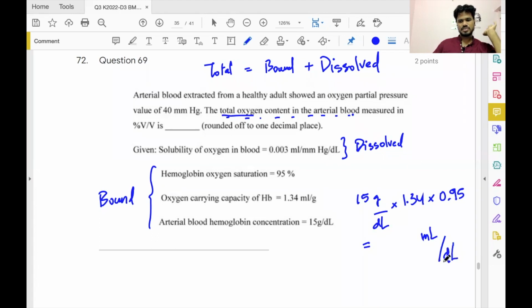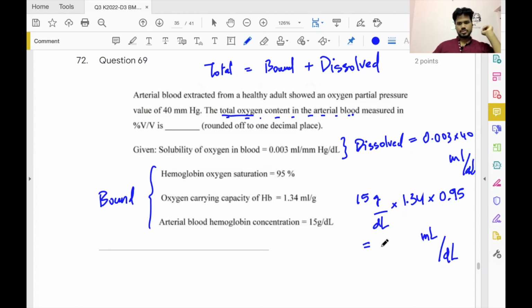I'll come to why this is in ml per dl in a moment. What is this value? And also tell me this value. The dissolved is in fact much simpler. Dissolved should be 0.003 into 40, and again this is ml per dl.